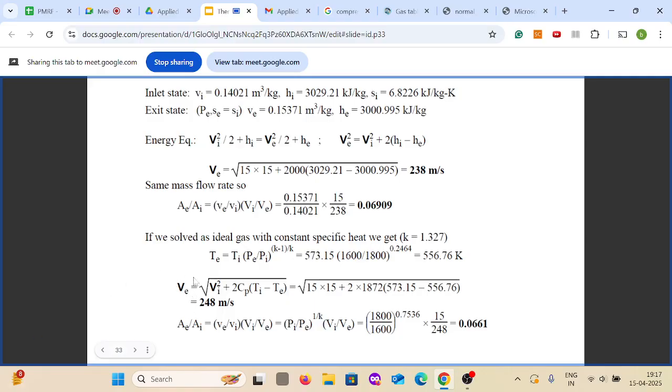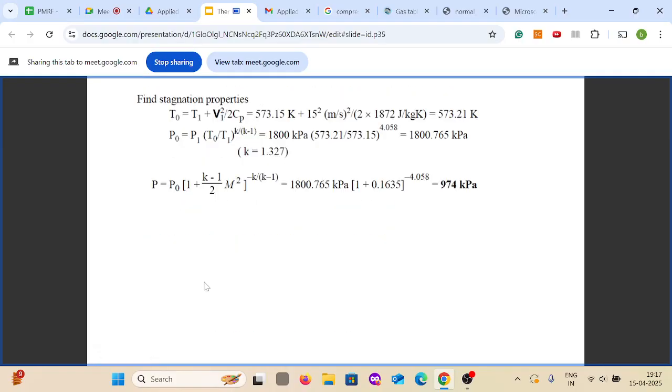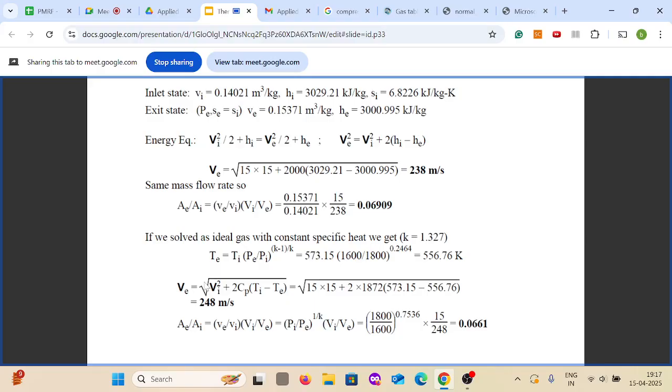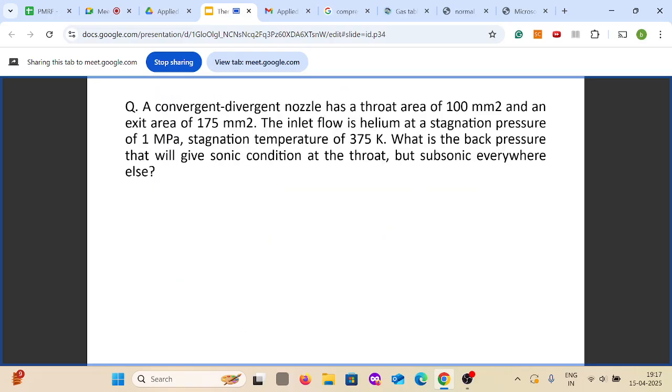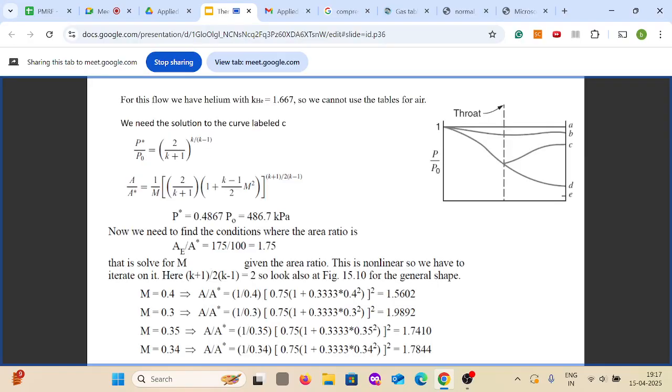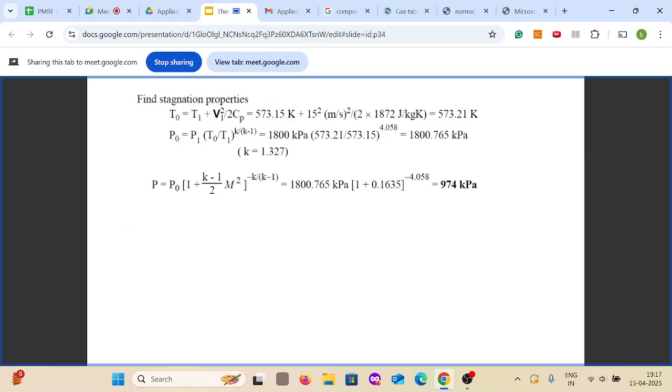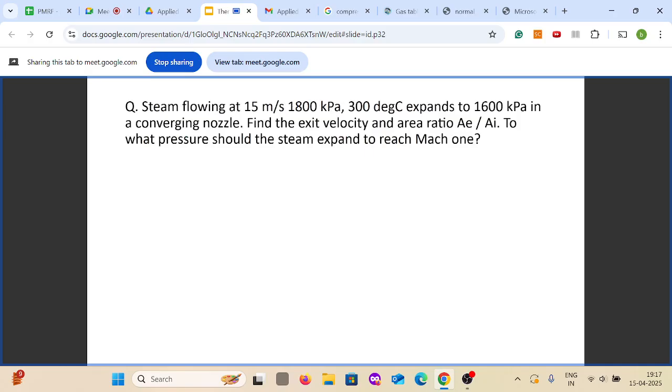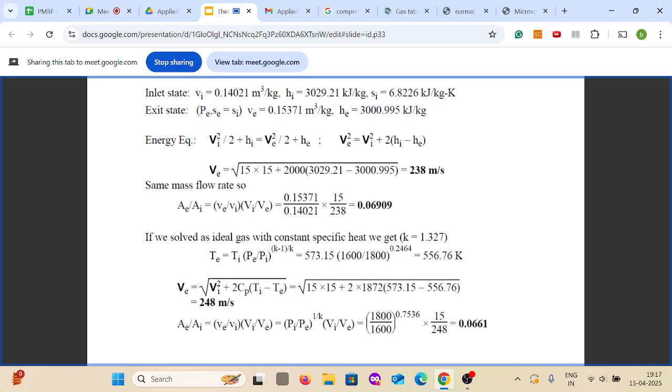So if you assume gamma is constant 1.327, the exit temperature is 556.76 Kelvin and the exit velocity is 248 meters per second.